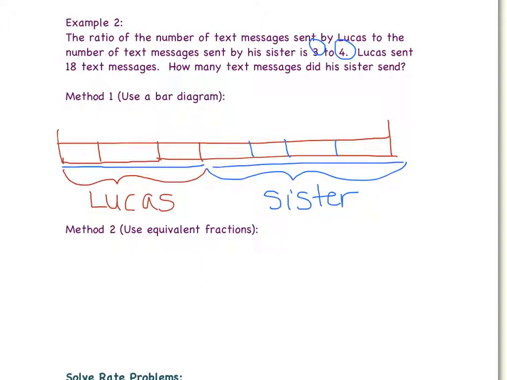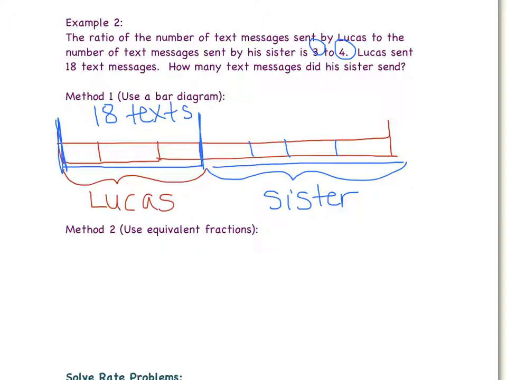Now the other piece of information that we know is that Lucas sent 18 text messages. So we're just focusing on Lucas's area right here, these 3 sections, which is a total of 18 texts. So what we need to do now is figure out, if Lucas has 3 of these sections that represent the 18 texts, how many texts need to be included in each section of our bar diagram.